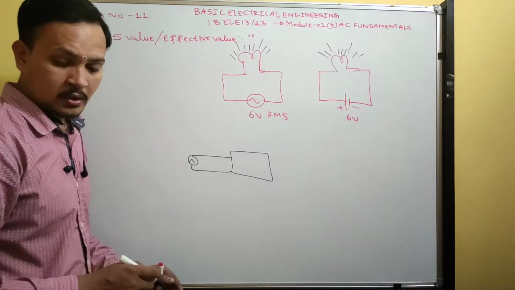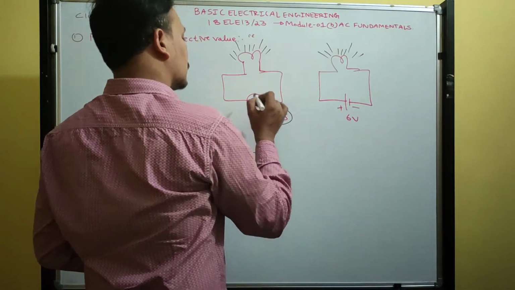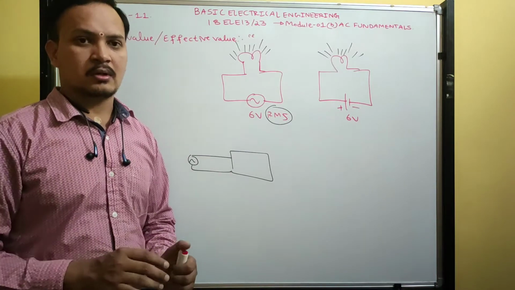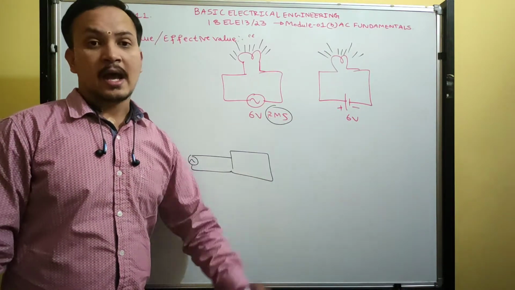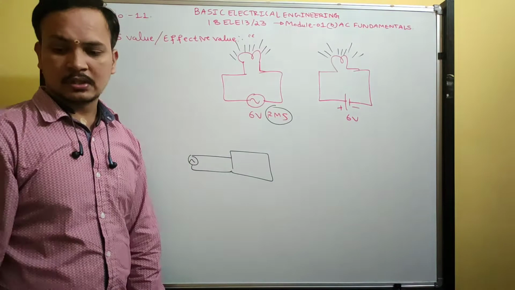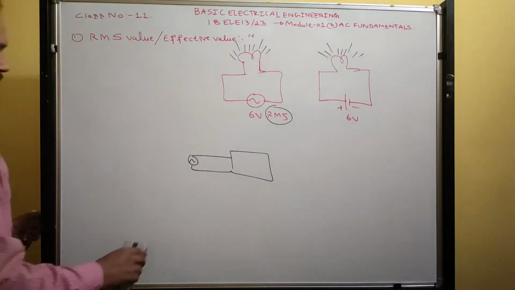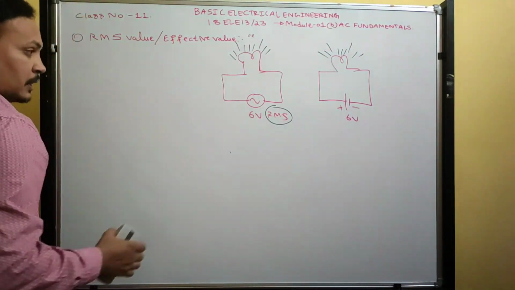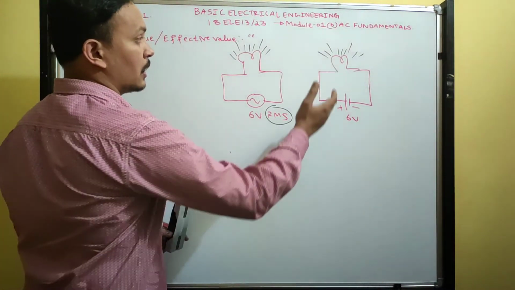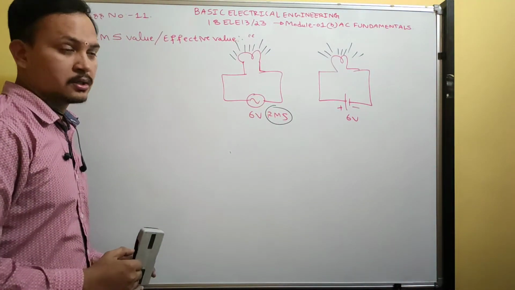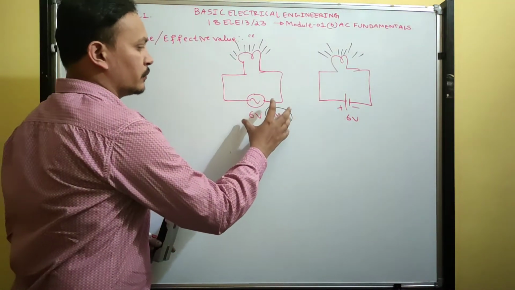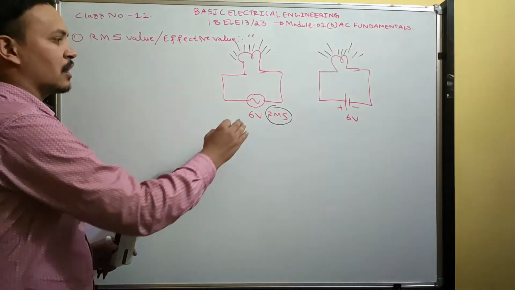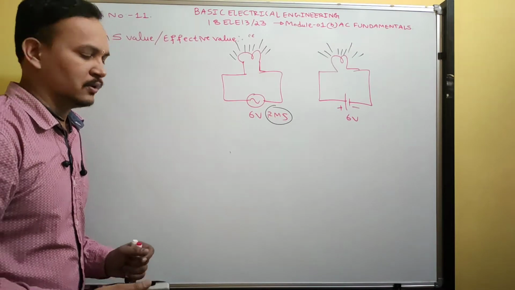All AC quantities are represented by RMS and all DC quantities are represented by average. After this we are going to discuss the average quantity. Understood the meaning of RMS value? If a bulb is connected across 6 volt RMS, and the same bulb is connected to a 6 volt steady DC voltage, it gives the same brightness in both cases. That value is called RMS value or effective value.